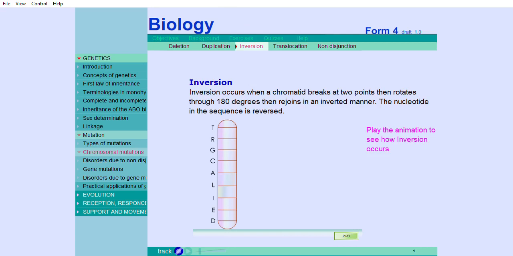Inversion. Inversion occurs when a chromatid breaks at two points, then rotates through 180 degrees, then rejoins in an inverted manner. The nucleotide sequence is reversed. Play the animation to see how inversion occurs.